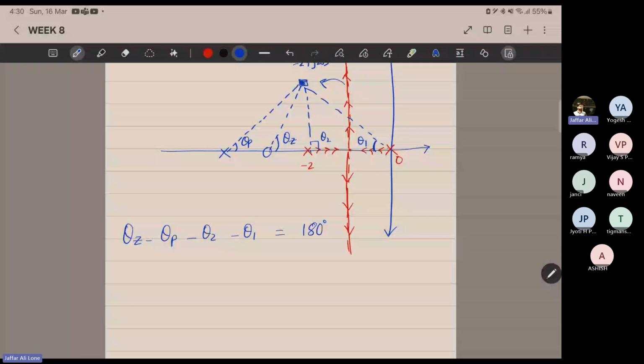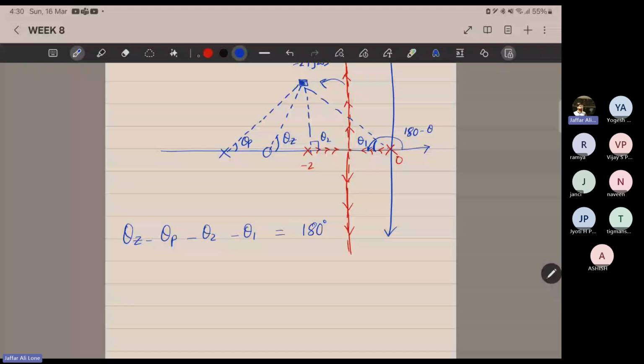We can write theta 1 as 180 minus theta. Actually, this angle which this point is making with this, we have to take it clockwise.